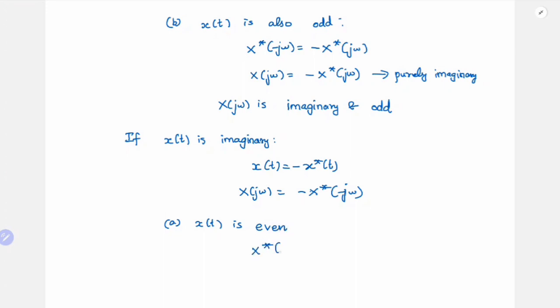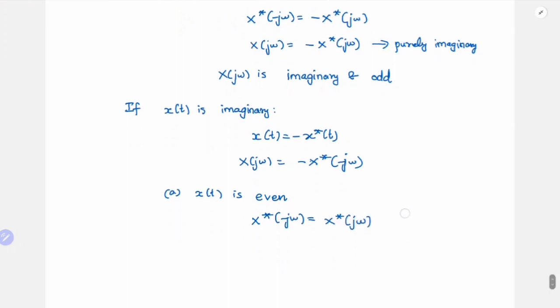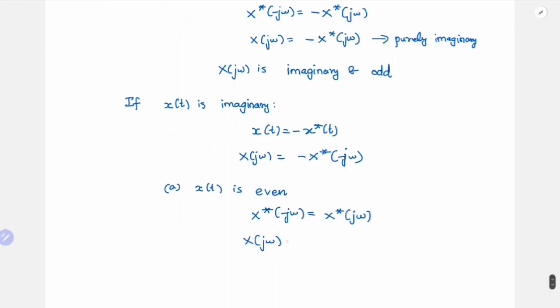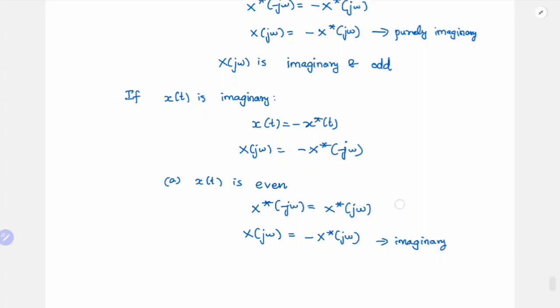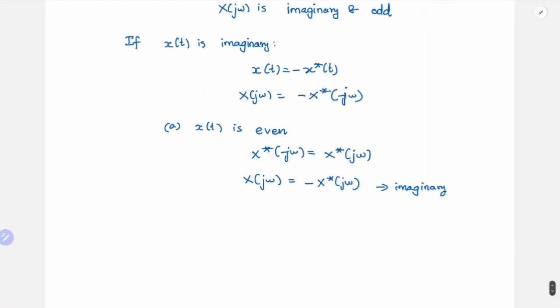X star of minus j omega is equal to x star of j omega, which implies that x of j omega is equal to minus x star of j omega. So it is going to be imaginary. So x of j omega is going to be imaginary and even.